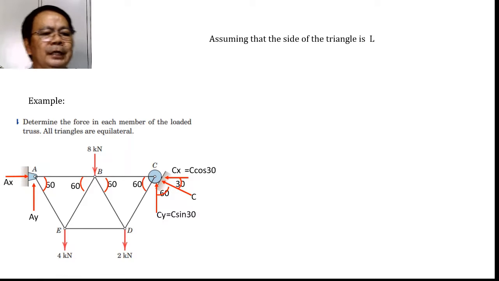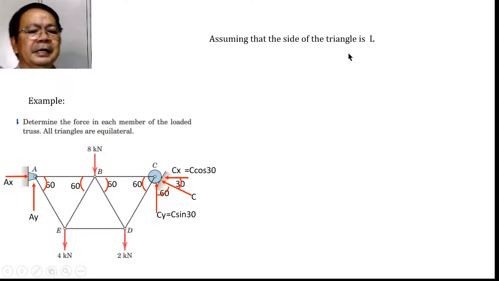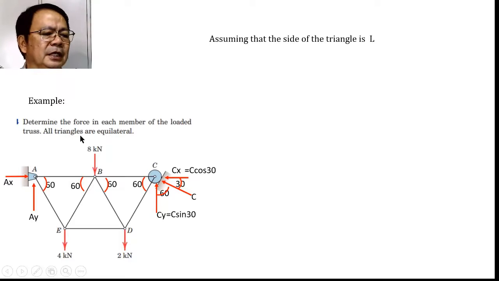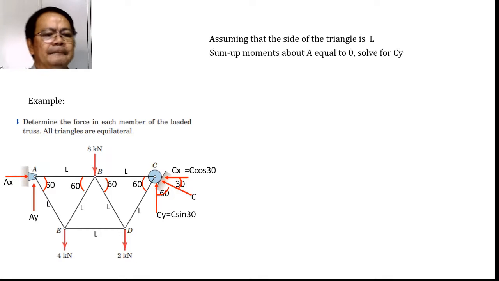So, assuming natin na yung length ng sides ay L, kasi wala naman siyang given, pero since that is equilateral, we can assign any value. Let us imagine that all the sides are equal to L. Lagyan natin ng values yan. Ito, lahat ng kanyang sides ng triangle ay equal to L. Kaya kapag nag-sum up tayo ng moments about A equal to 0, masosolve na agad natin itong C sub Y. And once we solve for C sub Y, we can solve for C because C sub Y and C are related.